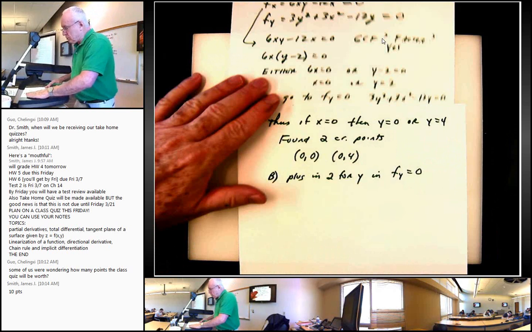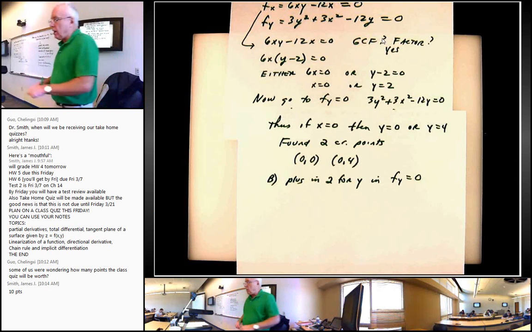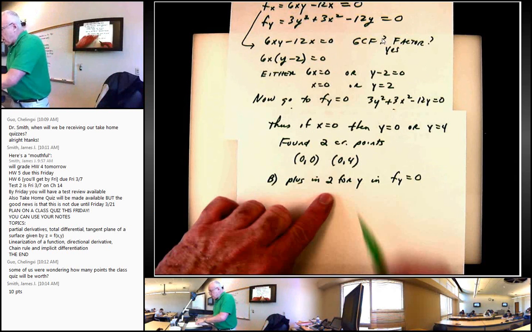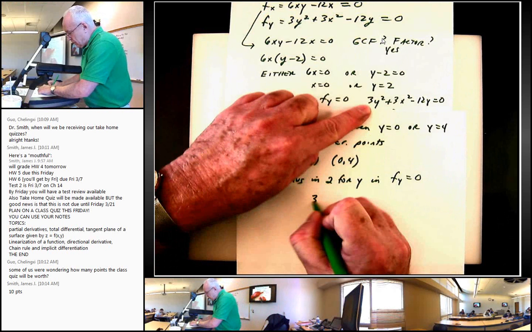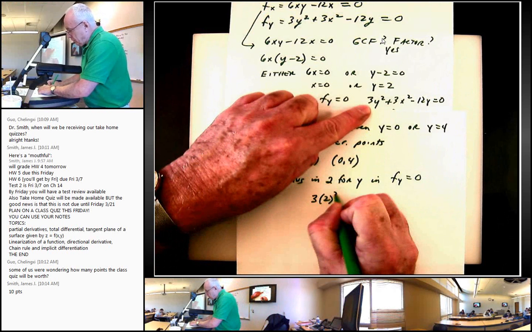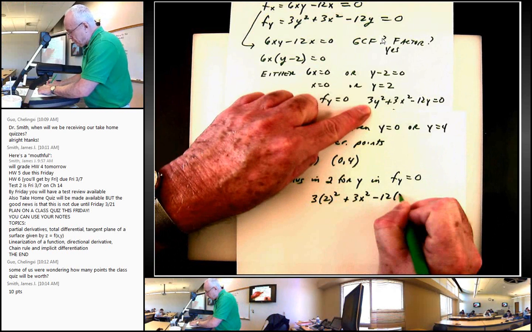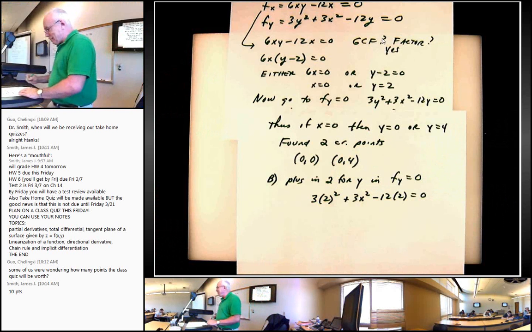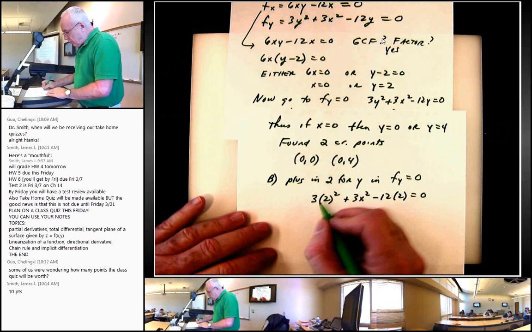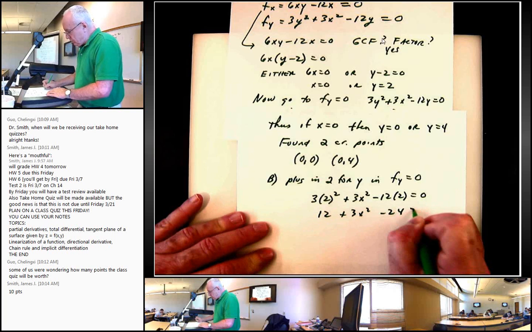Fy here was 3y squared plus 3x squared minus 12y. So every place there's a y, I want to plug in a 2. So that gives me 3 times 2 squared plus 3x squared minus 12 times 2 equal to 0. And that's looking like it's going to come out pretty nice. This is 12 plus 3x squared minus 24 equals 0.